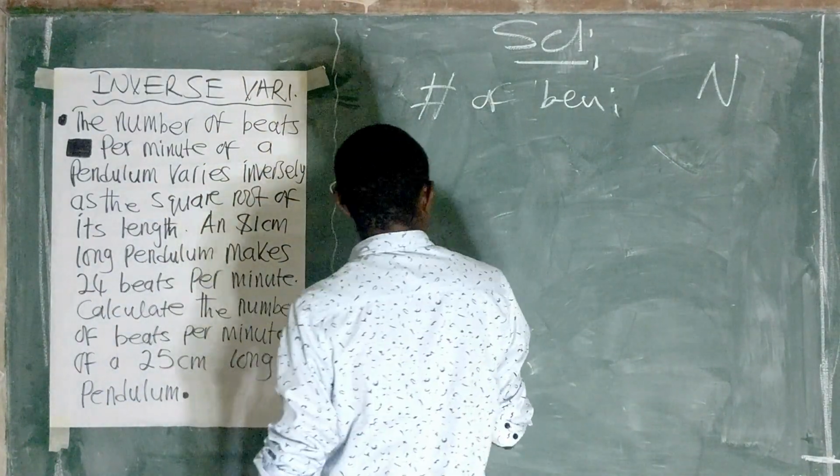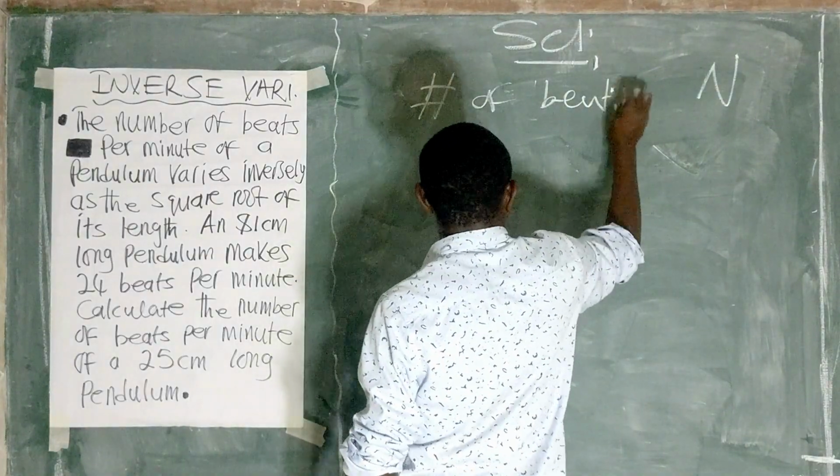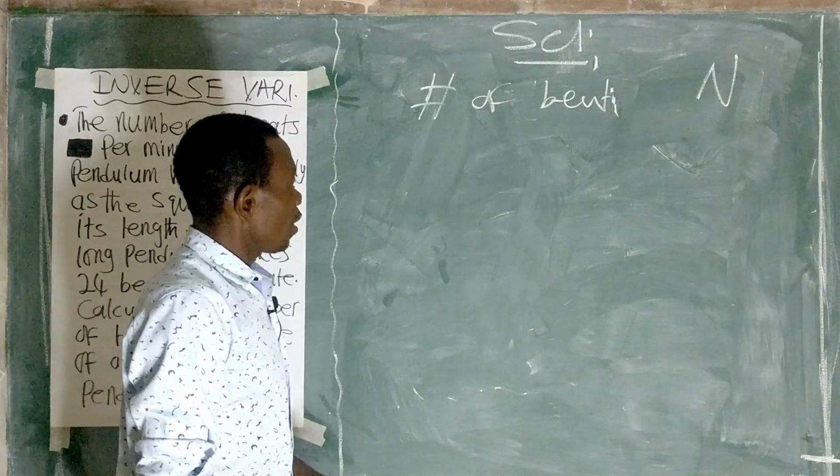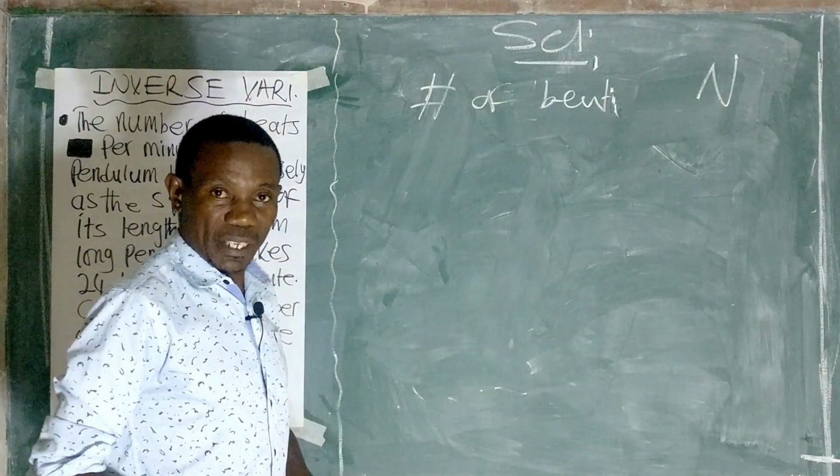So our N here represents the number of beats per minute.